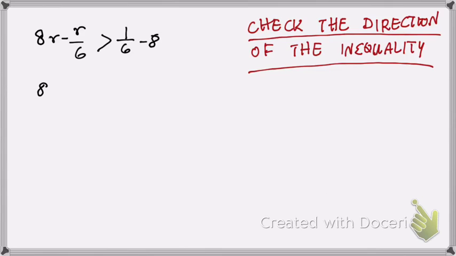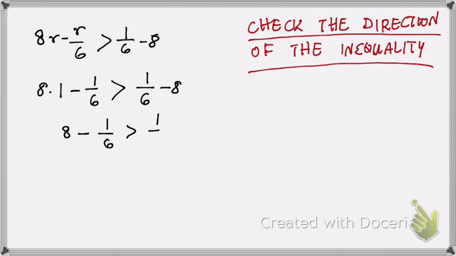So 8 times 1 minus 1 by 6 is greater than 1 by 6 minus 8. 8 times 1 is 8, minus 1 by 6, is greater than 1 by 6 minus 8.